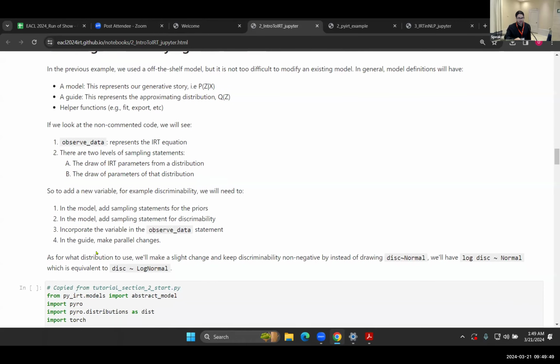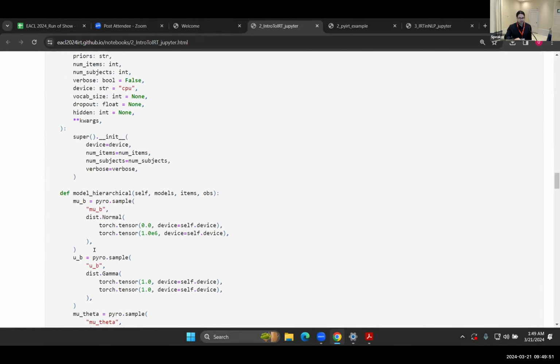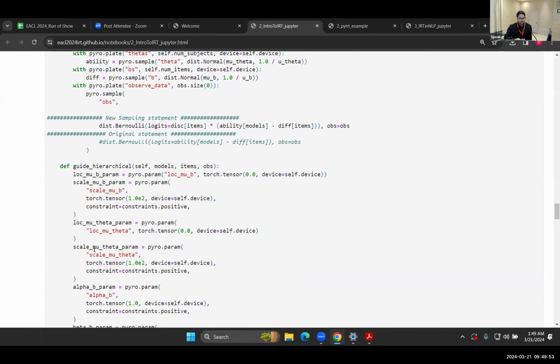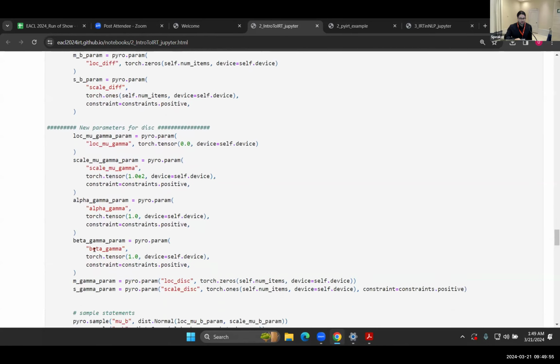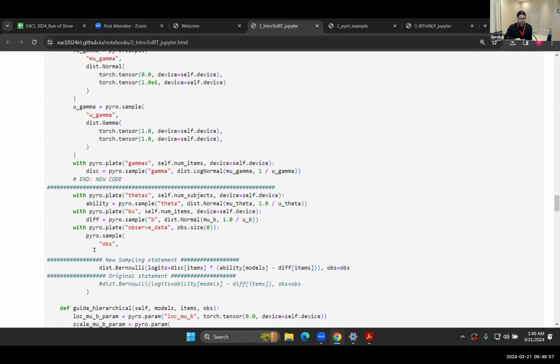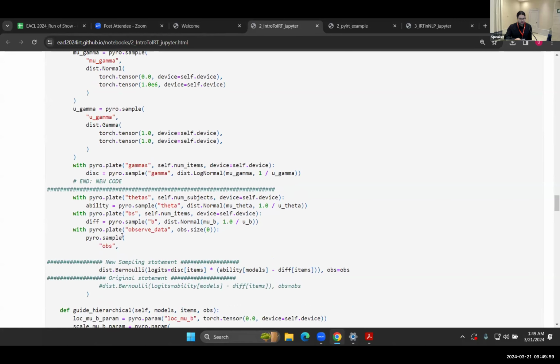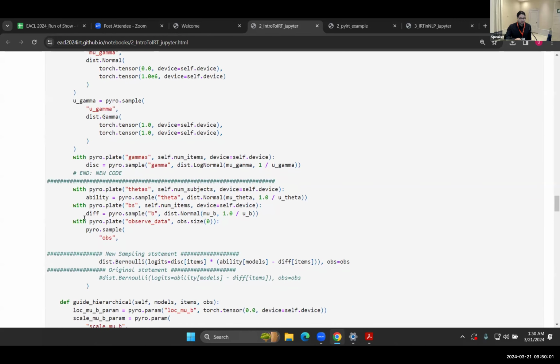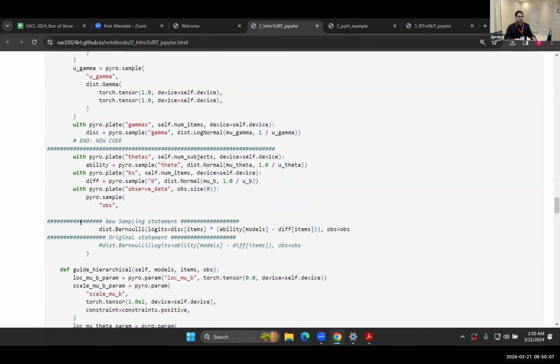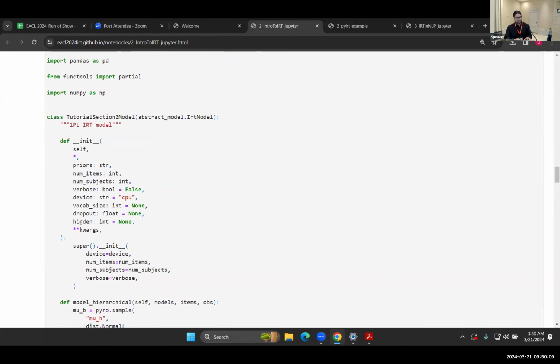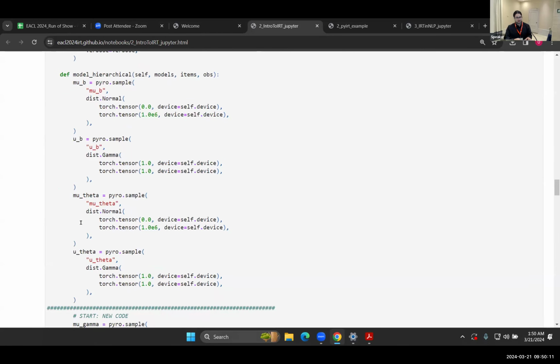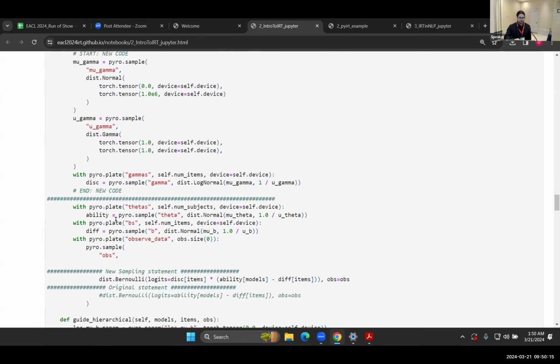So I'm going to skip down a little bit and I'll go back up. But in terms of code, what we really care about, I'm going to walk this back a little bit, is I'm going to start with this. So in Pyro, you define a model, and this is our model function, model hierarchical. And there are a bunch of things that are defined here, which I'm going to skip for the moment.